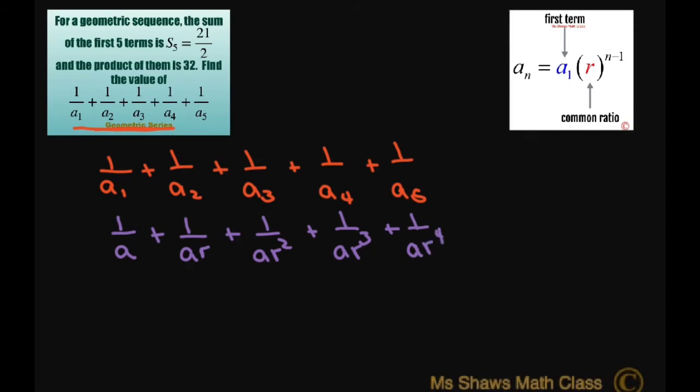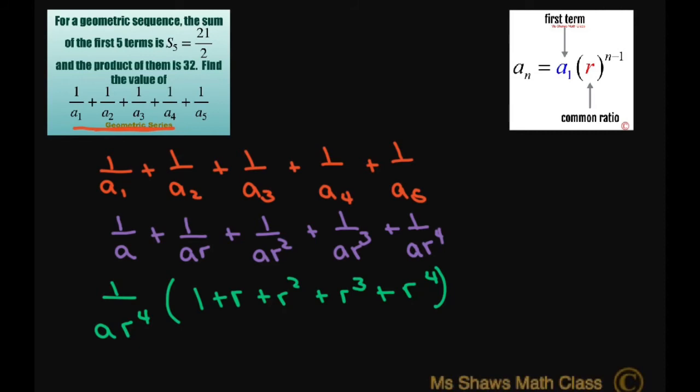Now let's factor out 1 divided by A R to the power of 4, and that gives me 1 plus R plus R squared plus R cubed plus R to the power of 4, if I do that.